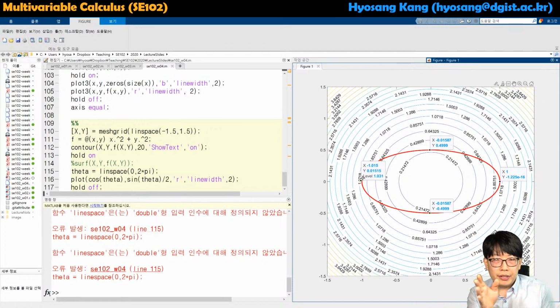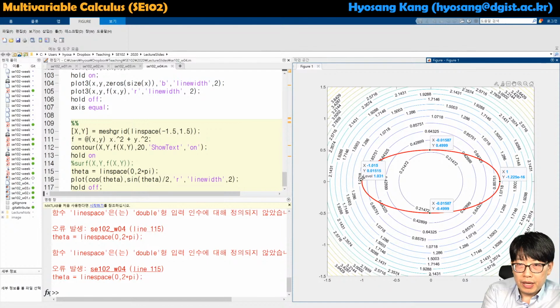So the local extremal, the local minimum and local maximum, happens when the 2 contour lines touch each other. That's the main point.